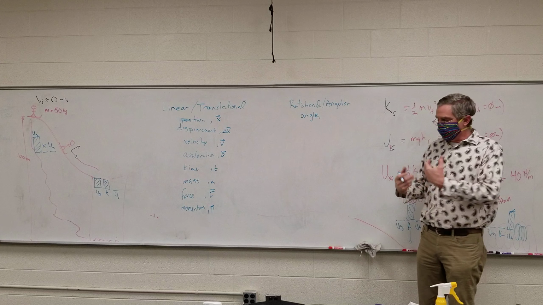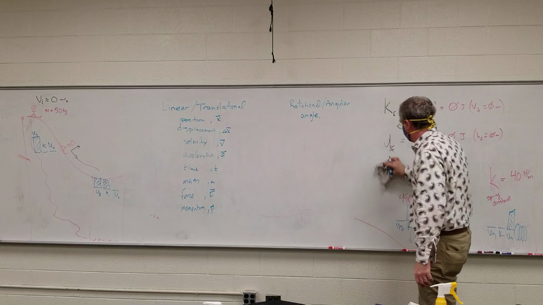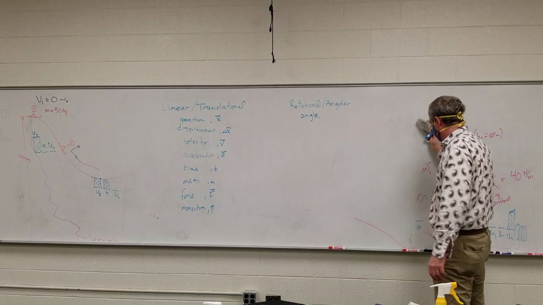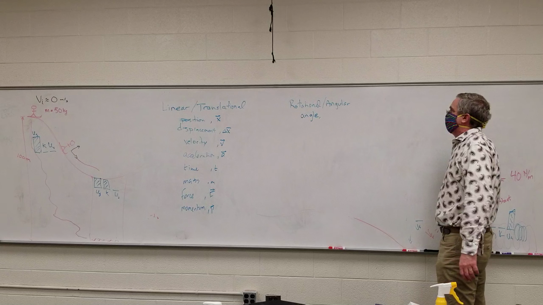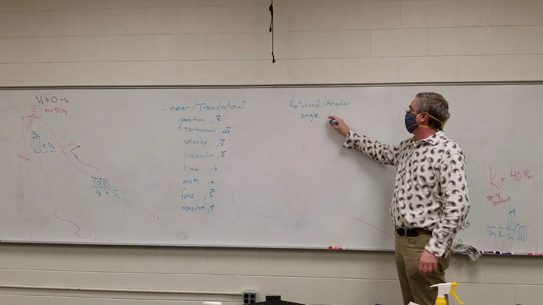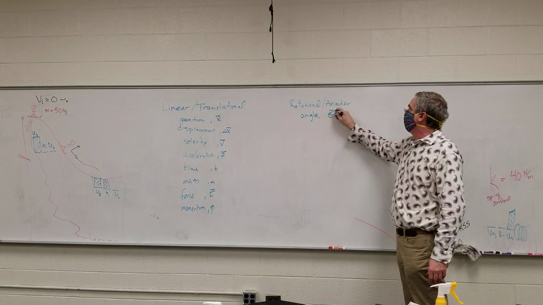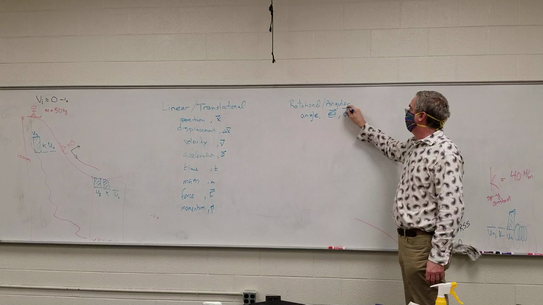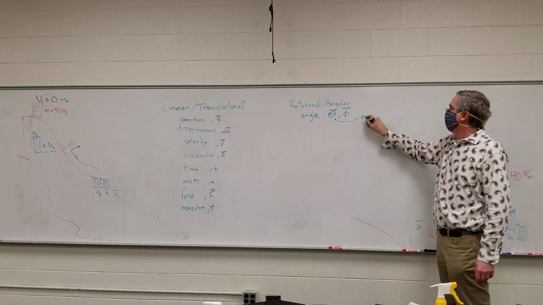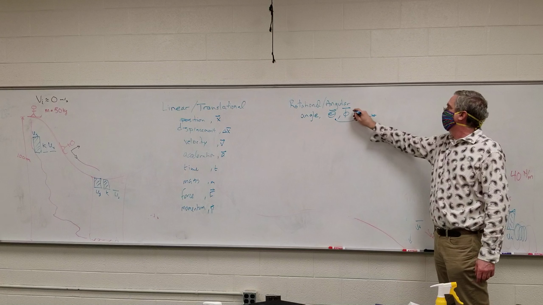Now, when you start getting into the rotational stuff, this is when physicists decide to start using Greek letters a lot. So the symbol is usually theta or phi. Those are the two most common ones, theta or phi. So this is theta, phi.